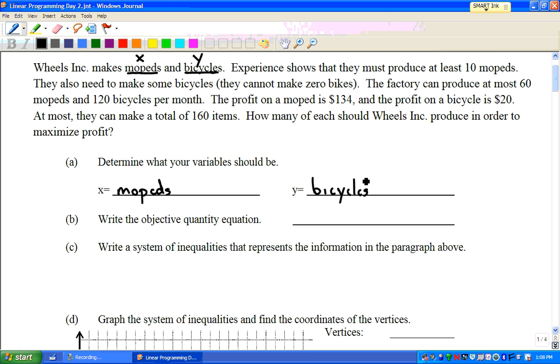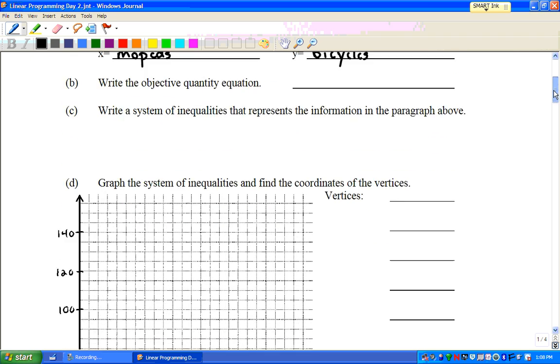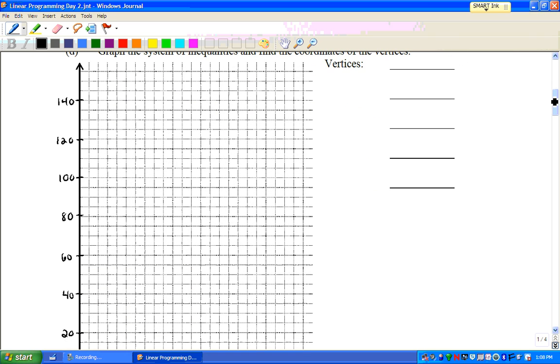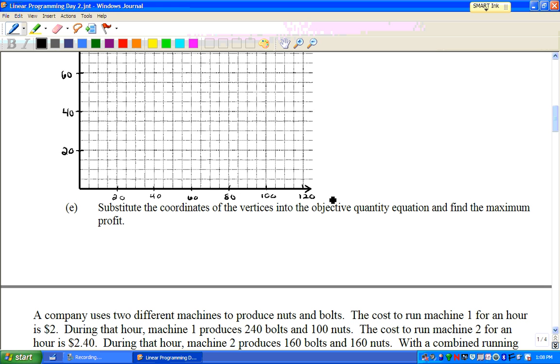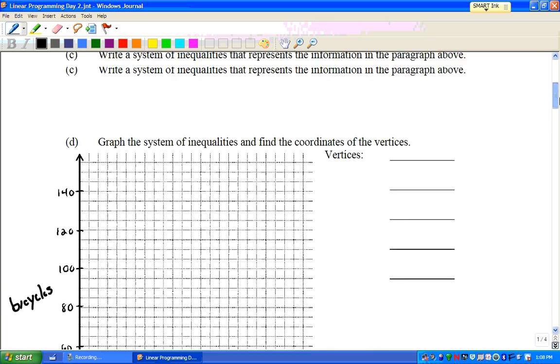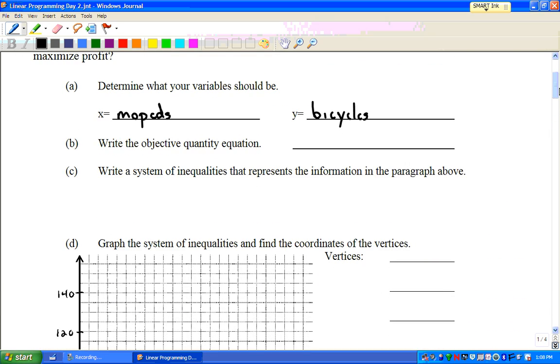Now that we have X and Y labeled, we can do the same thing down here. My Y was bicycles, so this is bicycles, and my X is mopeds. So we've got my axes labeled and my two variables.